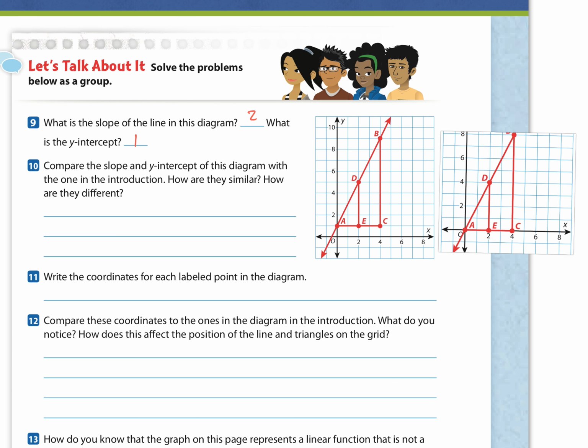So they're similar because they have the same slope. And how are they different? Jonathan. They have different y intercepts. That is correct. They have different y-intercepts.